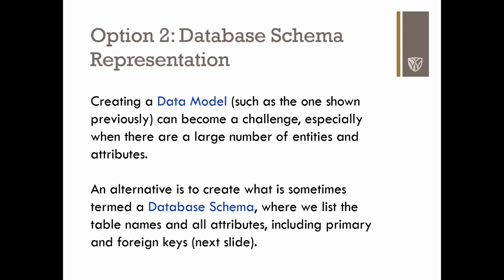And it gets to be a real challenge to view the whole mess on one screen. So what sometimes people will do is, instead of creating the data model as we've shown before, they'll go directly from an entity relationship diagram to what is referred to as a database schema. With the database schema, you simply list the table name, and then for each table you list all of the attributes, including primary keys and foreign keys.